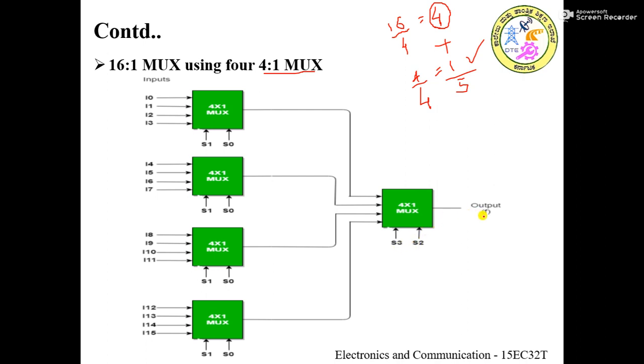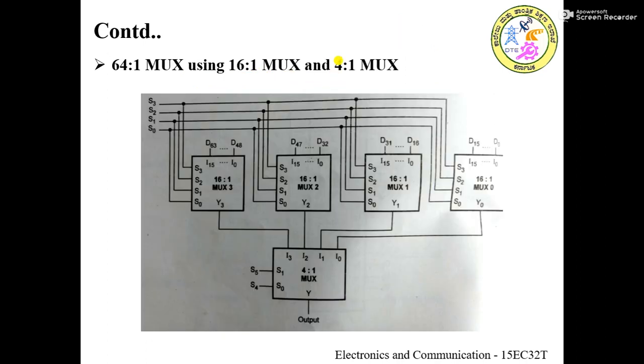Finally it will give an output Y. So if you count the number of inputs here, totally from I0 to I15 there are 16 inputs, and only one output is there. So this functionality of 16:1 mux is implemented using 4:1 mux only. I hope it is clear now.